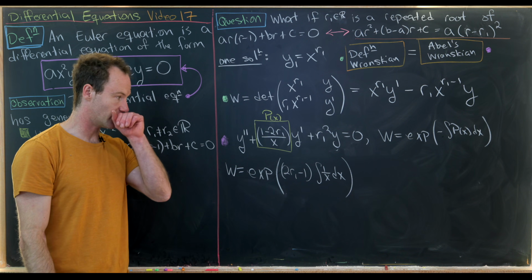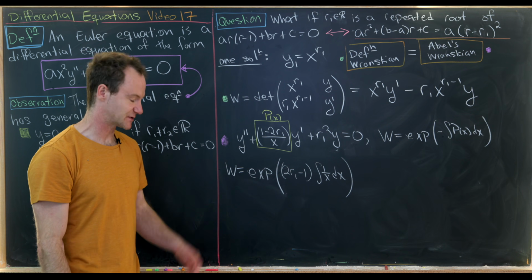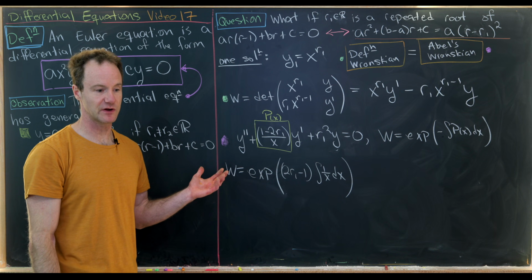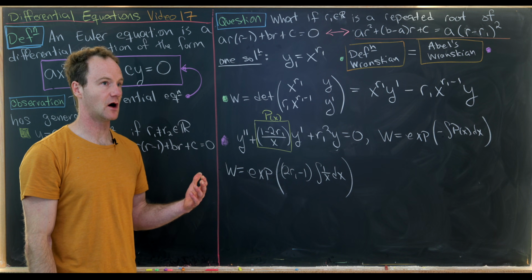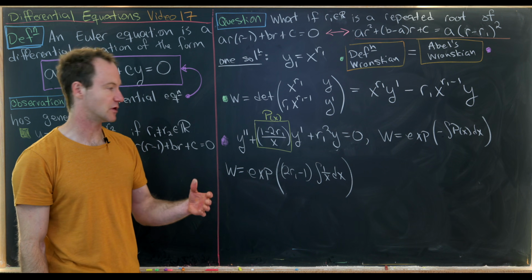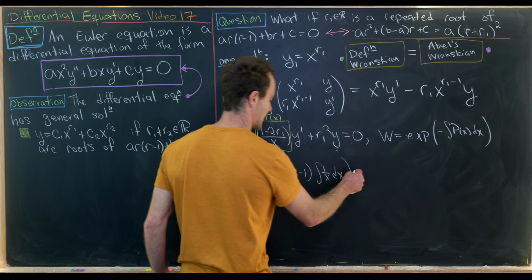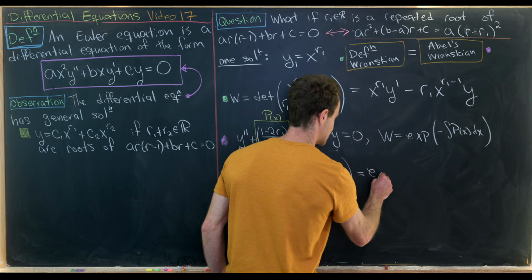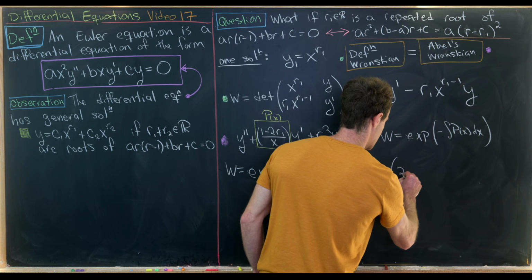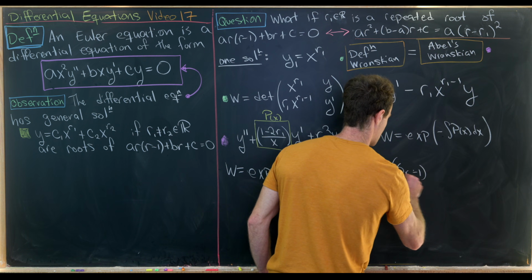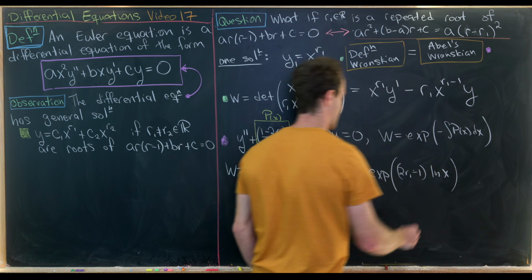The antiderivative of 1 over x is the natural log of the absolute value of x, but like I said previously, we're looking at this on the open interval from 0 to infinity, so we don't need an absolute value. So this is going to give us the exponential of 2r1 minus 1 times the natural log of x.